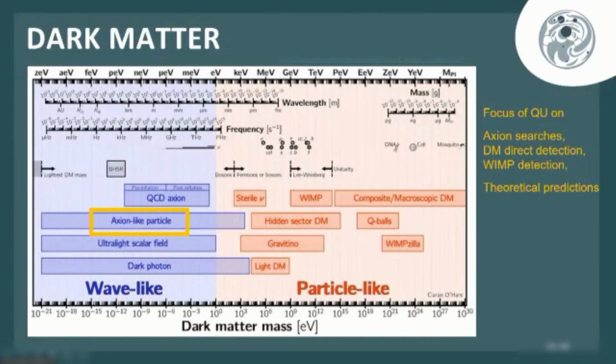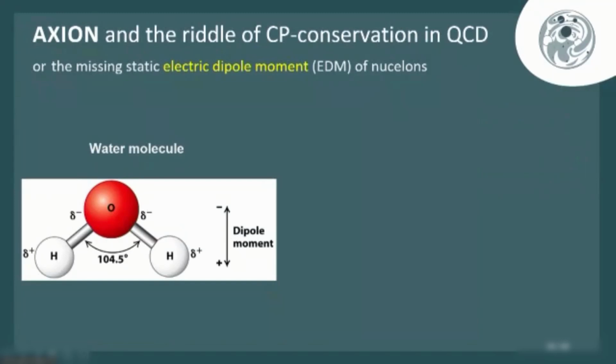Today I decided to pick one specific example for you. I decided to talk about axions. For two reasons. First of all, because I'm directly involved and I find it particularly fascinating. And because axion-like particles down here in the wave-like domain answer not only the question of dark matter, but also another interesting riddle for particle physics.